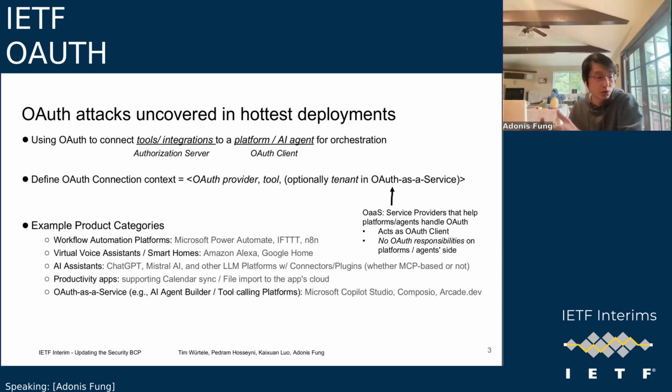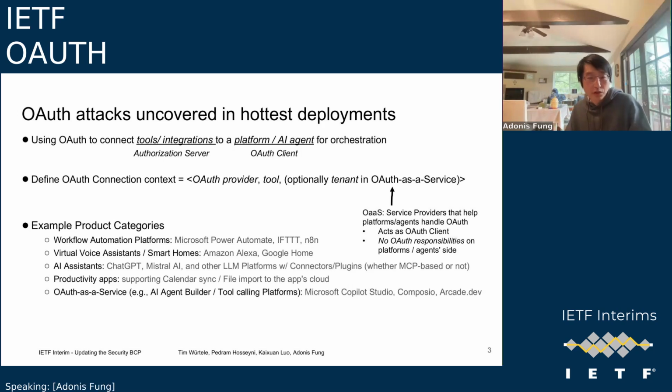Some names include RK, and AWS also has a service performing this OAuth as a service. So the OAuth provider lives in this OAuth as a service, and they help negotiate an access token for you. Tools you can still build on your own, and at the end of the day, you have an access token, and you drive your tool to help with maybe AI orchestration.